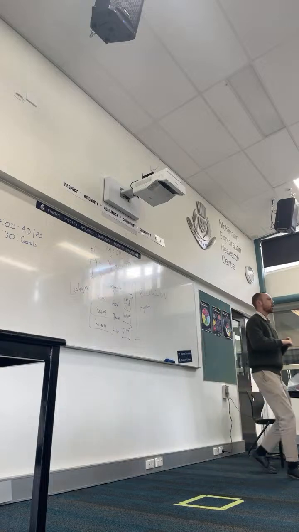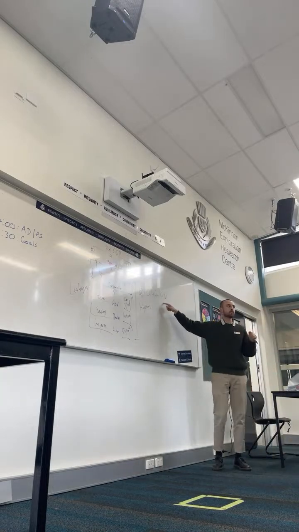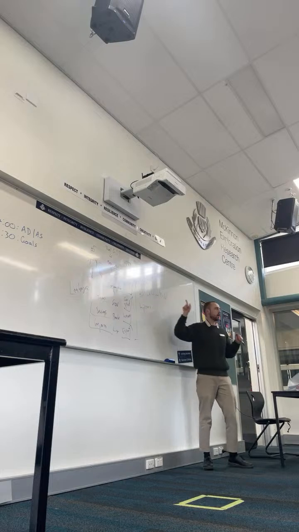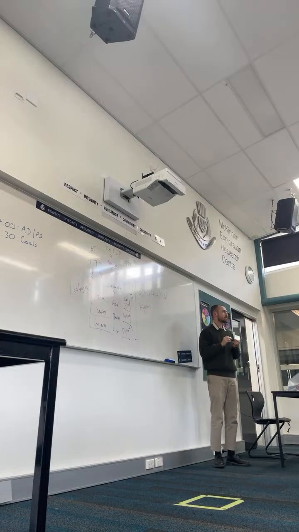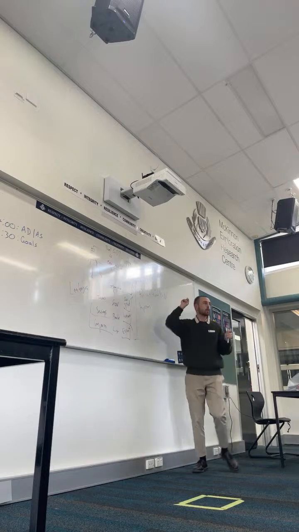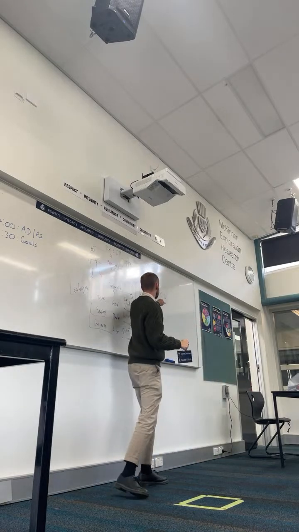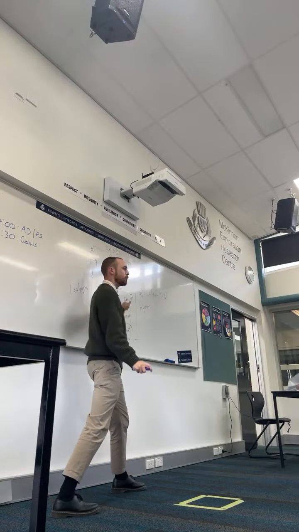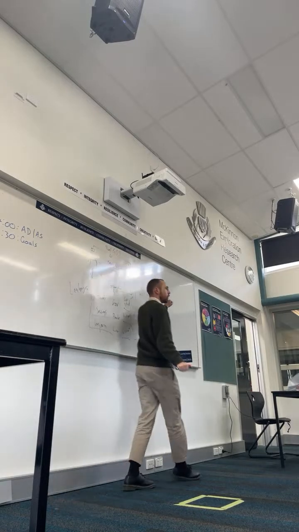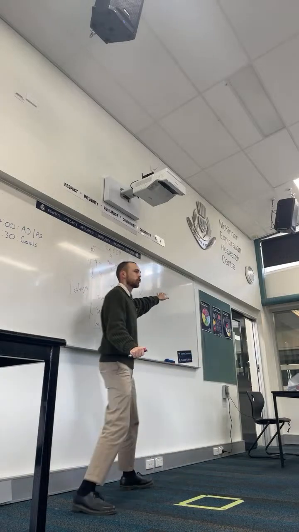Does anyone know why imports is minus here but not anywhere else? Yeah, because imports aren't Australia made. Yes, correct. But why don't I take taxes out of government spending? Why is this really only subtraction? Why do imports come from that?